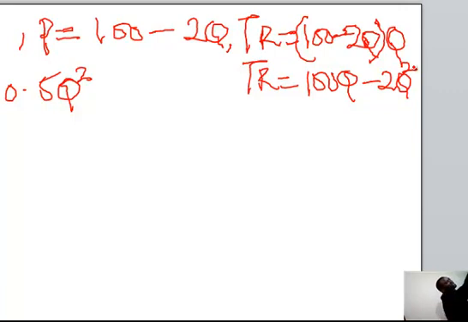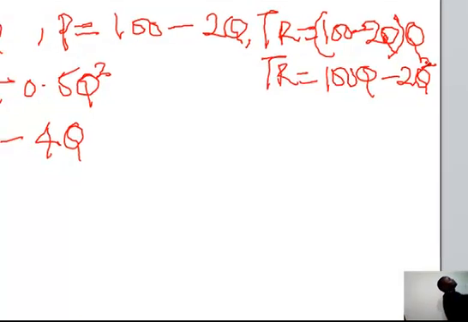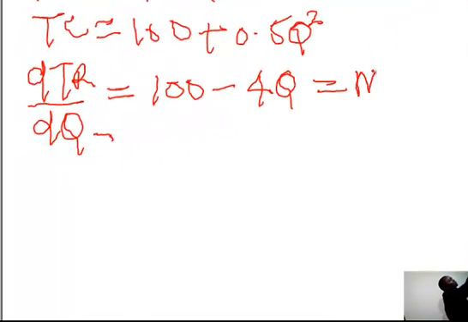So now if we differentiate total revenue with respect to output, we have 100 minus 4Q. That is, this 100Q will now change to 100, and 2 multiplied by 2 will give us 4. We now decrease this by 1. So now that's our marginal revenue. If you differentiate total revenue with respect to output, you get marginal revenue.